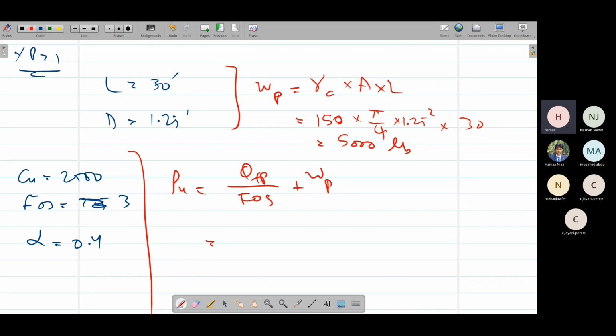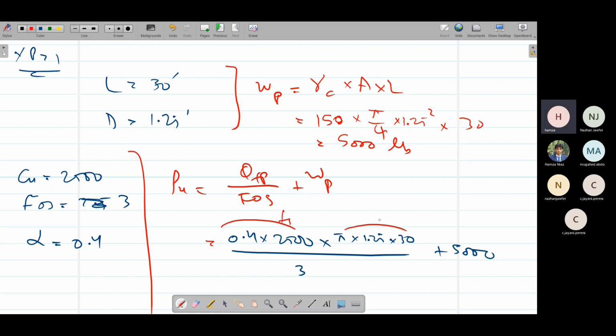So alpha is 0.4 times Cu is 2500 times area of pile, which is pi into 1.25 into 30, divided by 3, plus 5,000. This way you can get the pull-out capacity for a clay pile. This is the factor of safety and this is the area of pile.